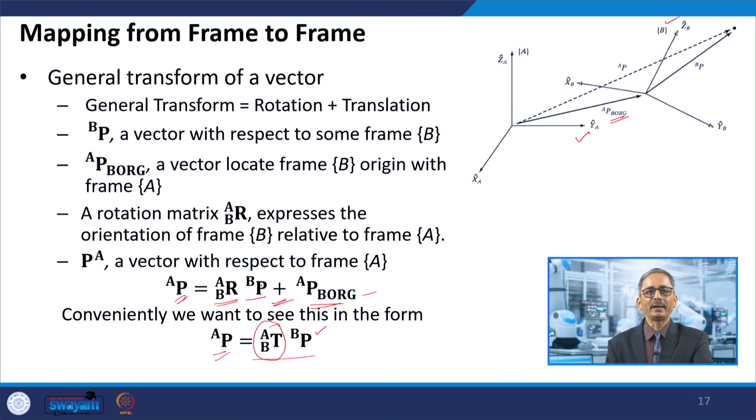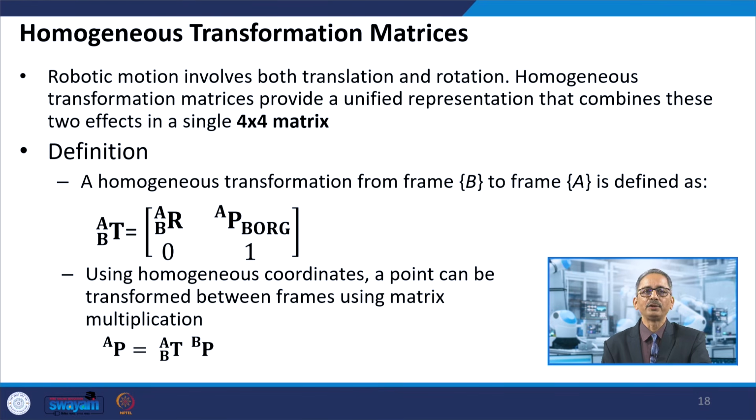We can get this done by using what we call the homogeneous transformation matrix. In a homogeneous transformation matrix we can represent both translation and rotation, and it provides a unified representation that combines both the rotation as well as translation, in a single 4 cross 4 matrix.